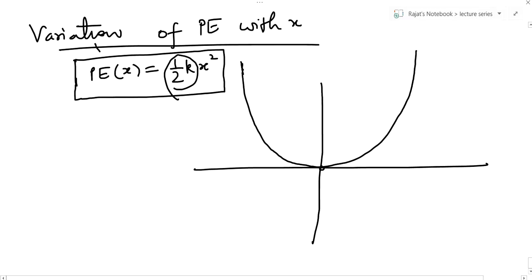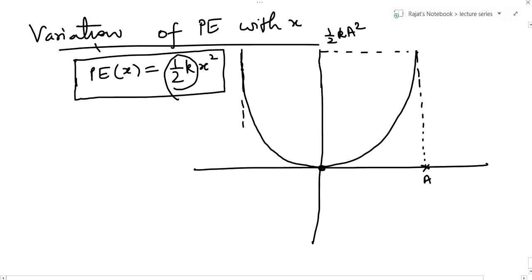Okay, at x equal to 0, potential energy is 0, the spring will be uncompressed, and when the spring is elongated by a, potential energy will be maximum and the value will be half k a square.